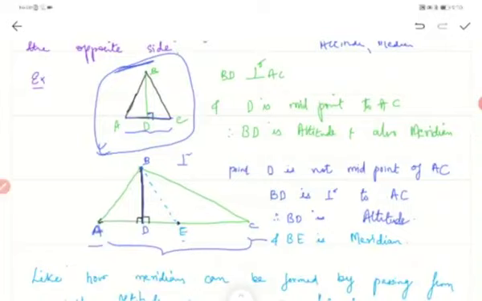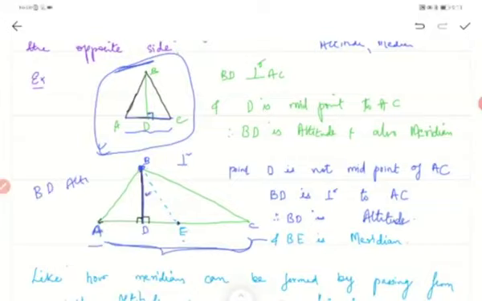It is not cutting at the midpoint, it is perpendicular. This line coming from the vertex B is perpendicular to the opposite side AC. So now this BD is called an altitude. This can't be a median now.